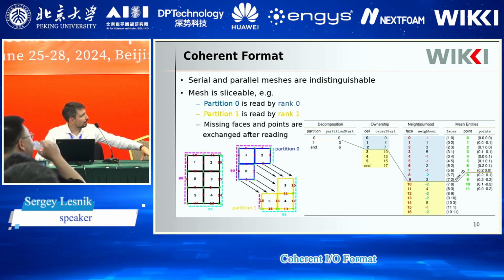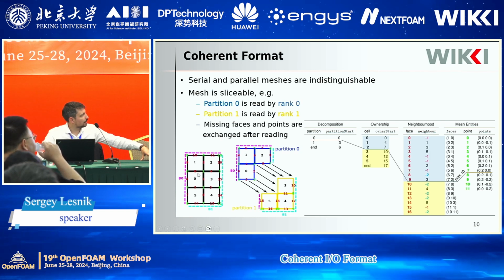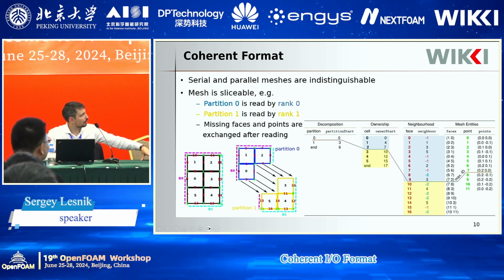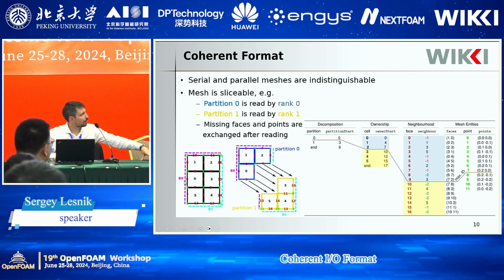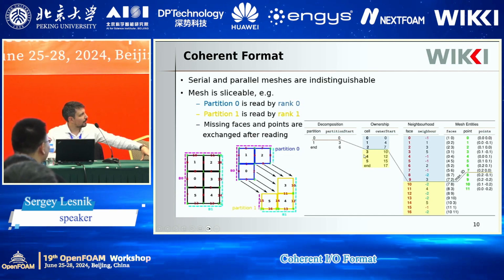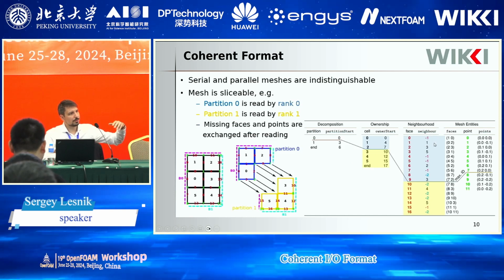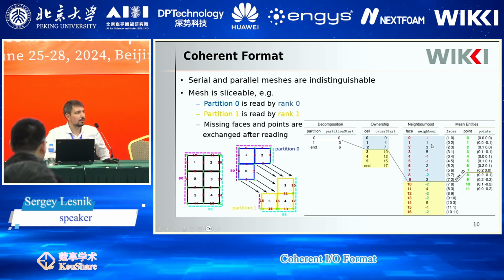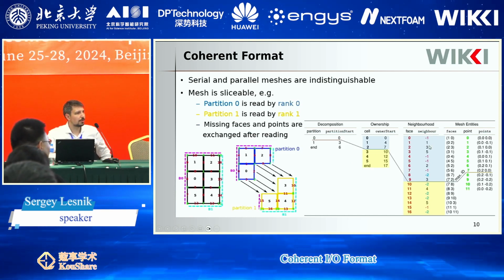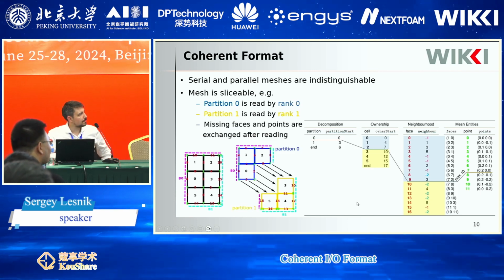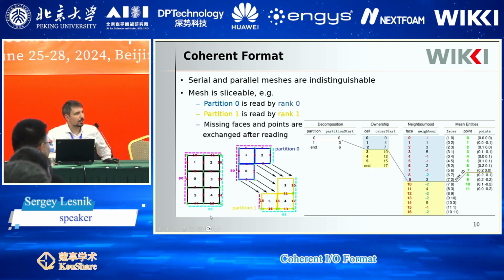The first boundary is B0 in this case, and that's encoded as -1. The first boundary is minus and the index of the boundary. This is the second boundary.